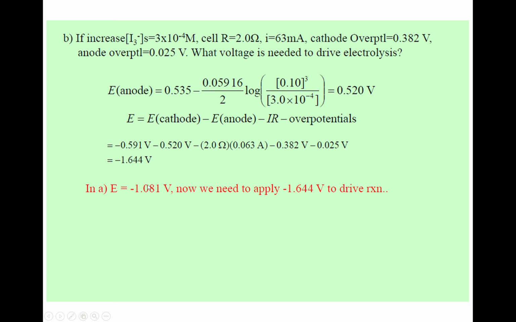Okay, and then we get this one, and this is the IR part and the overpotentials, and then we get minus 1.644 volts. Theoretically we get this one, and then we have to apply a more negative potential than this one. Okay, yeah, at least you have to apply minus 1.644 volt or more. Okay, more negative potential than this one.